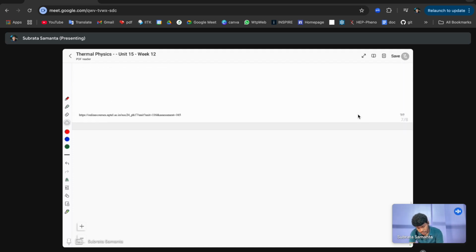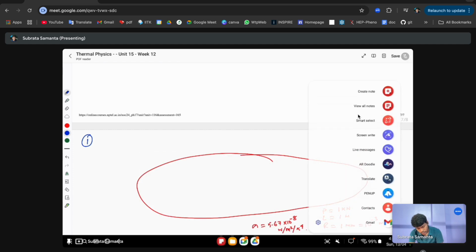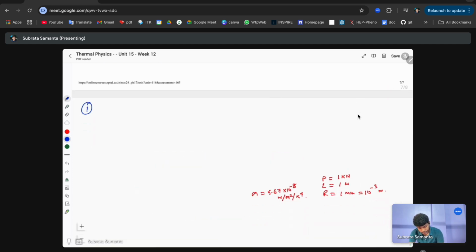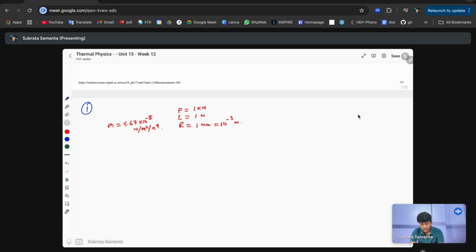Let's first copy this data. This is problem number 1, and these are the data given, including the radiant power P. Now we know that if the wire is a perfect black body, what is the formula of the radiant power?